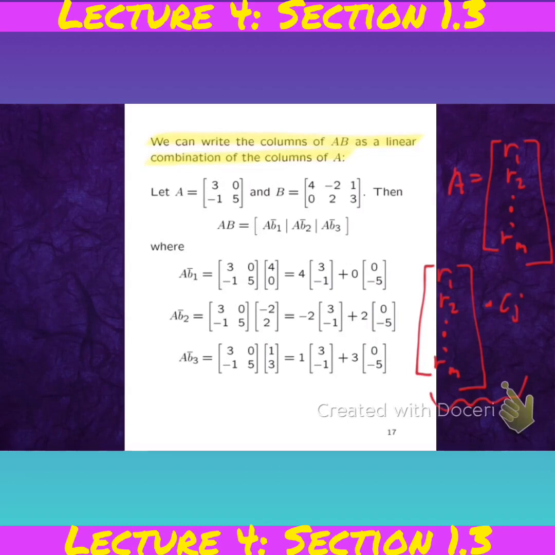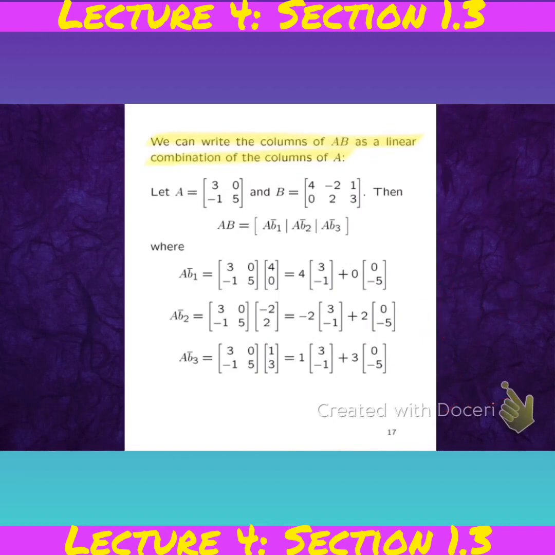Okay, so any column vector of the product of A and B can be expressed in this particular form. And then we showed that it can be broken up as a linear combination of the column vectors of A. And again, the coefficients that we talked about all come from the vector Cj.